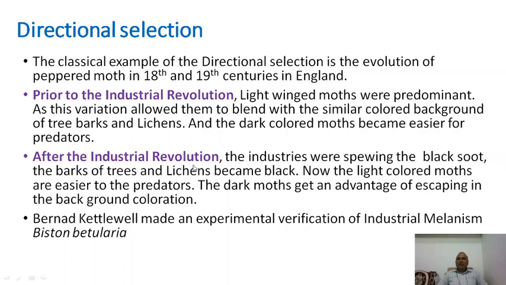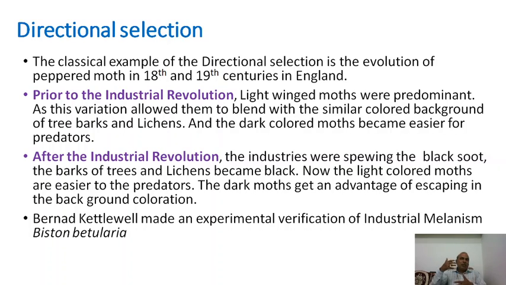The classical example of directional selection is the evolution of the peppered moth Biston betularia, the peppered moths in the 18th and 19th century in England. It was experimentally verified by Bernard Kettlewell as industrial melanism. Between the 18th and 19th century is the period of the Industrial Revolution.